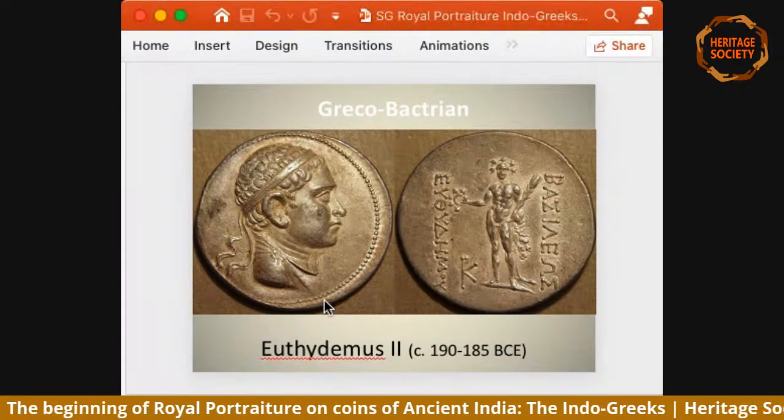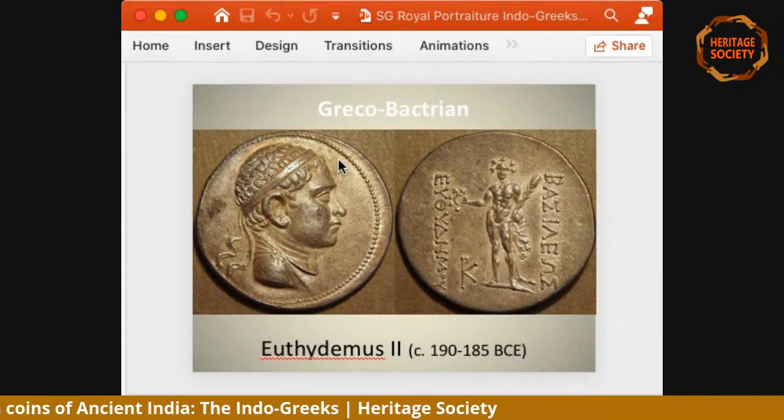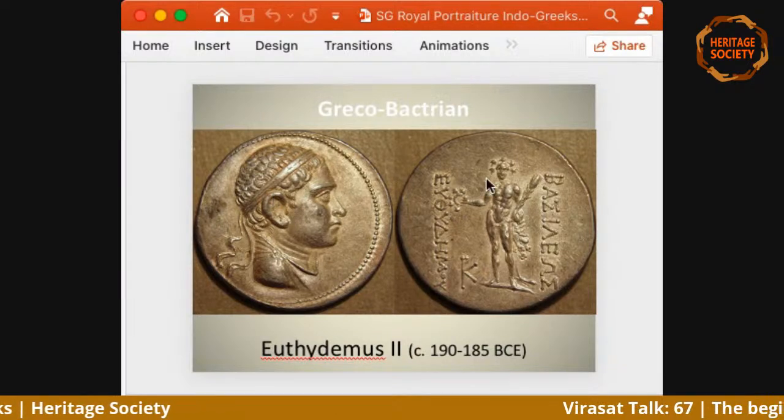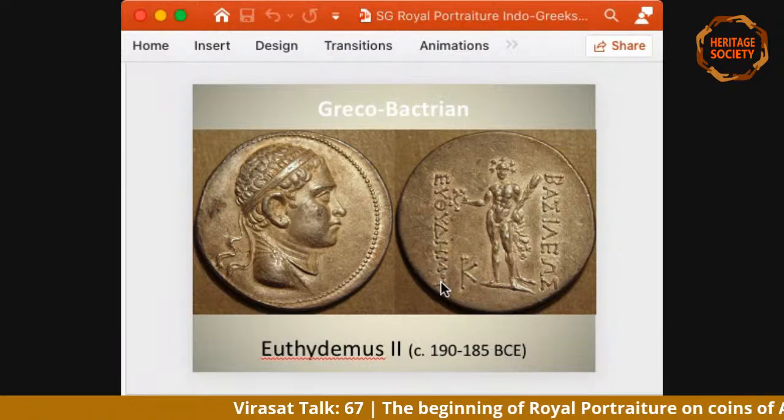This is a coin of Euthydemus II, and again, a portrait of the king with the diadem, and the name, king Basilios and Euthydemus.